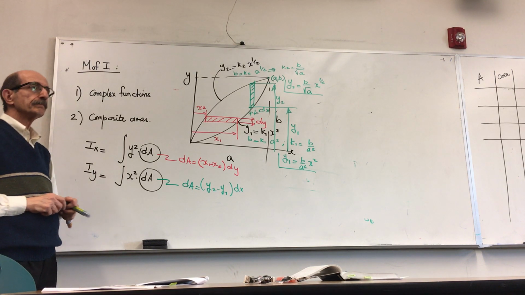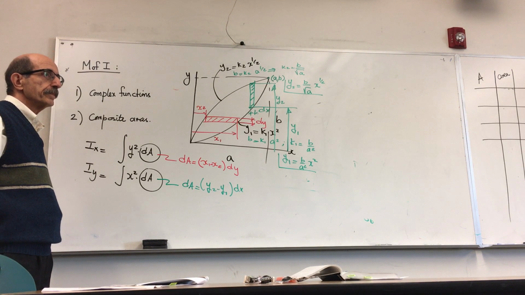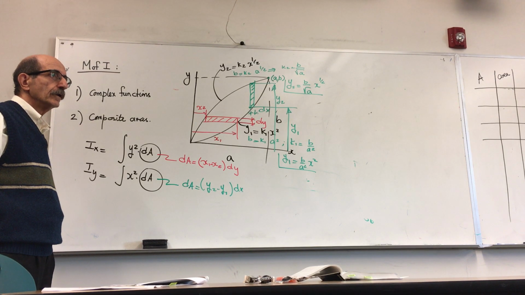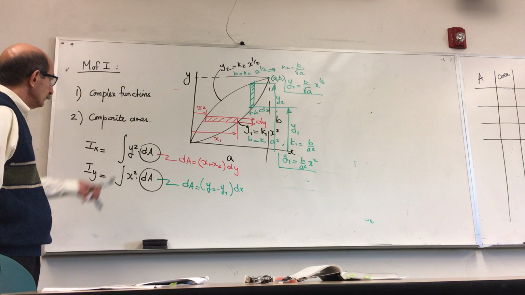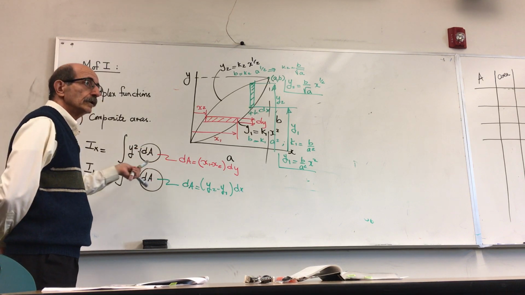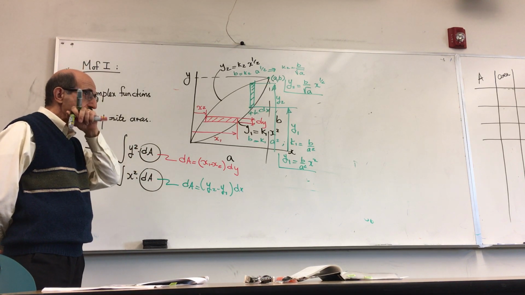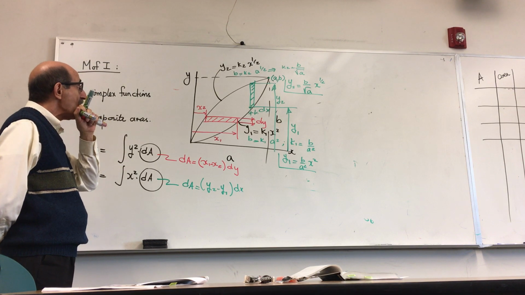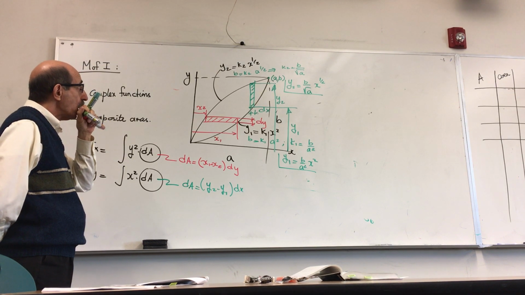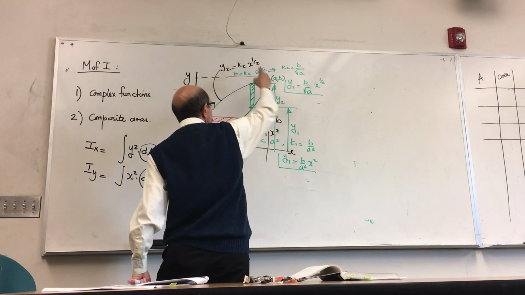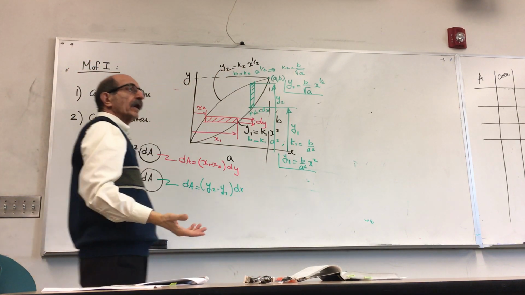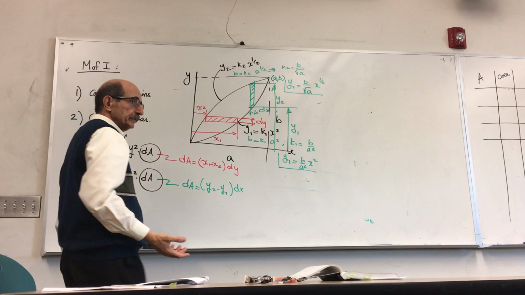Yes? Why are you substituting out x, putting in a, making that equation equal to b? This one you mean? Above, when you're taking y2 equals k2 x to the 1/2, and then you're substituting a for x. Oh, you know, k1 and k2 are some parameters, unknown parameters, right?